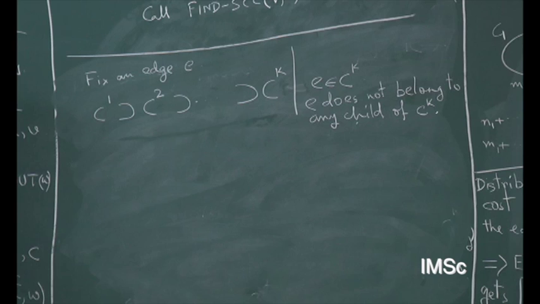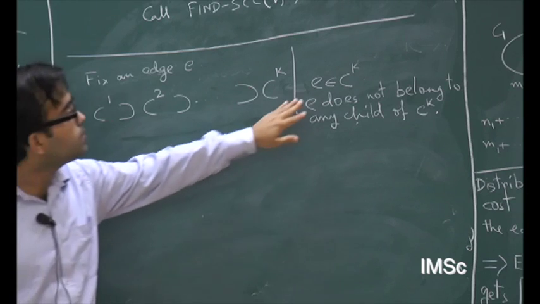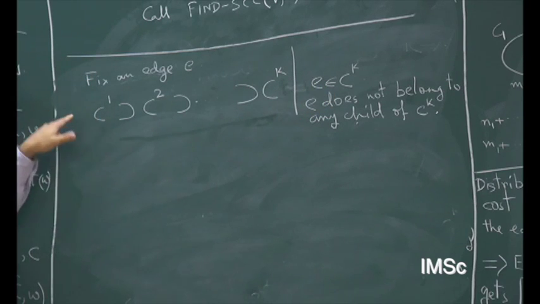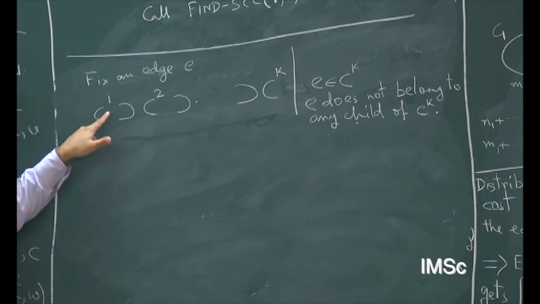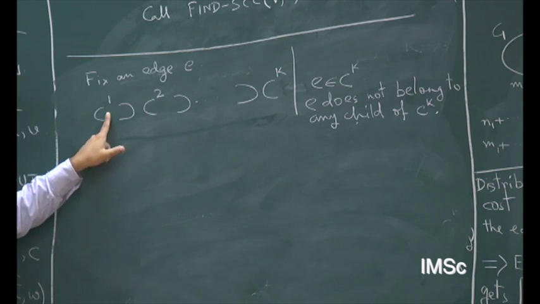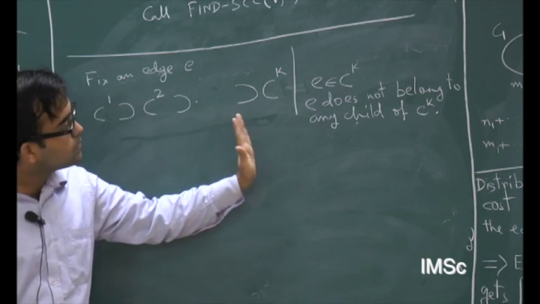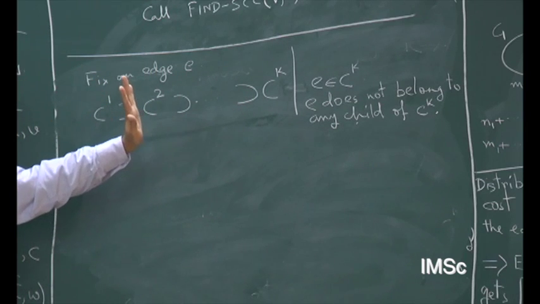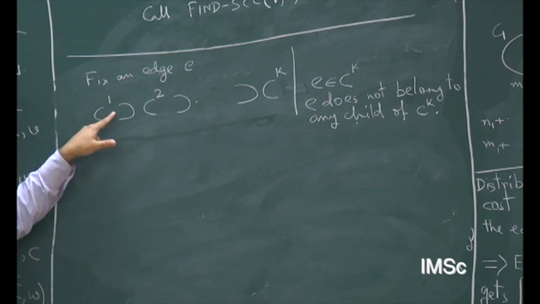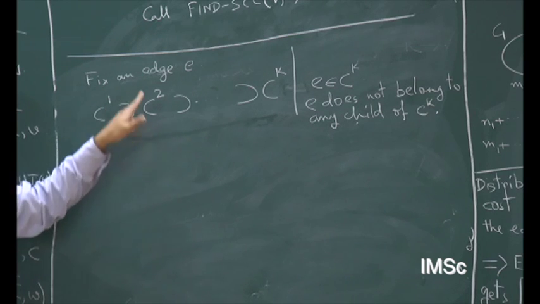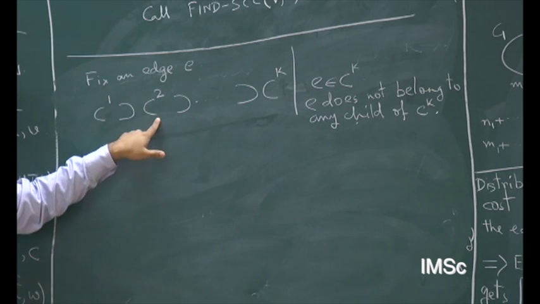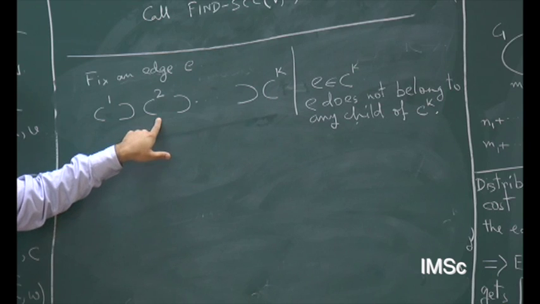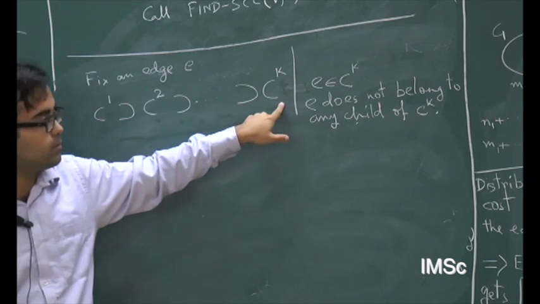Initially E belonged to C1, then you just trace the sequence of edge deletions going forward. After some point in time, C1 will split into multiple components, C2 is one of these children, and E belongs to C2, and it goes on for some time.